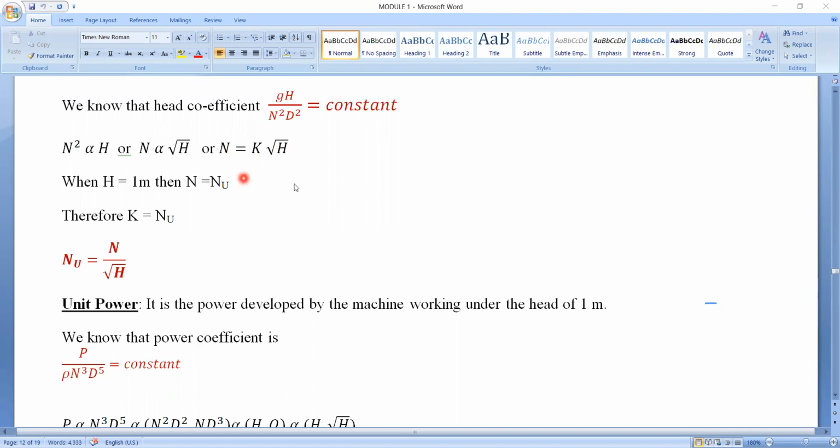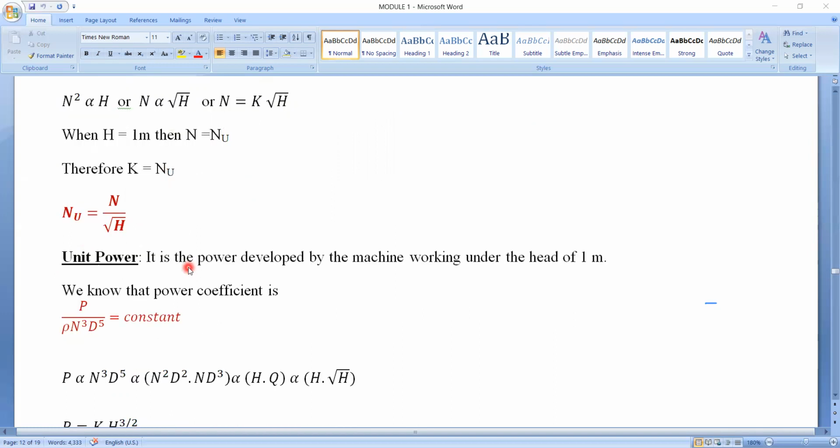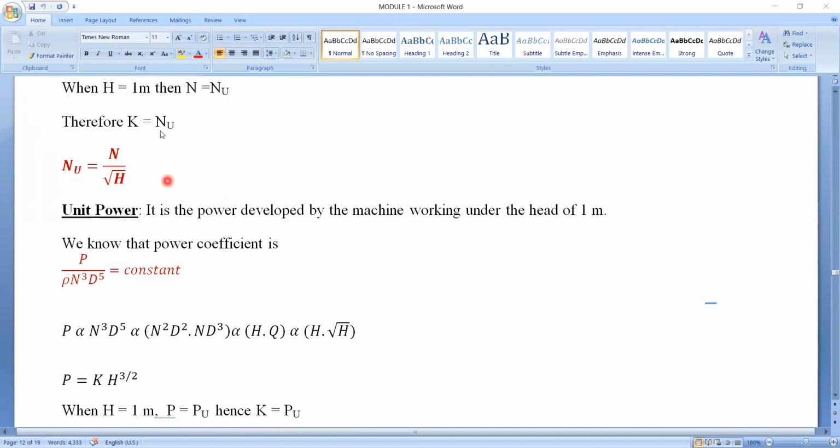I repeat, if in this equation we use h equals 1, n becomes nu, unit speed, then k will be equal to nu, because root of 1 equals 1. Substituting k equals nu and doing the cross multiplication, you will get nu equals n by root h. This is the required formula to calculate the unit speed of any machine, where n is in rpm and h is in meters.